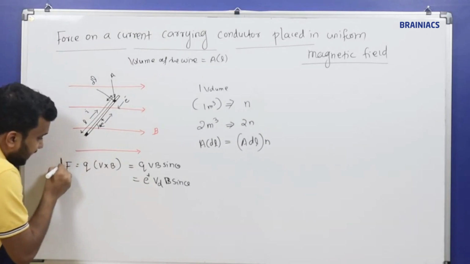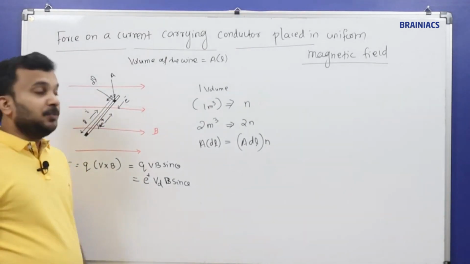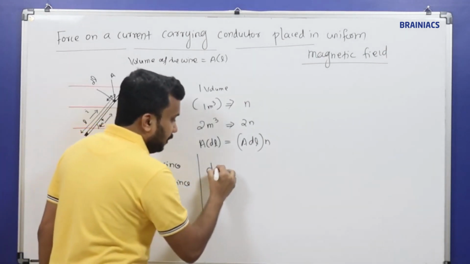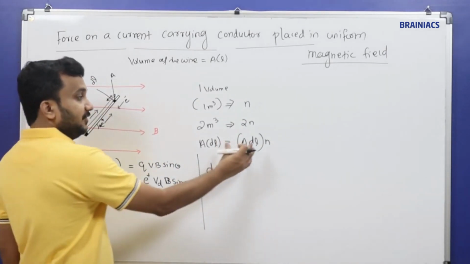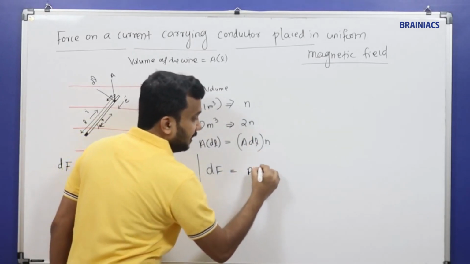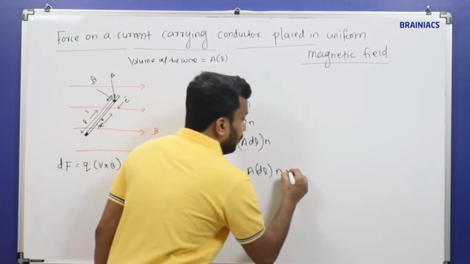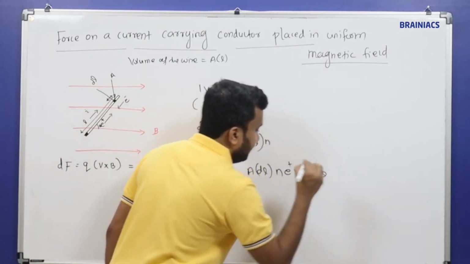So I can take it as a small force dF. Overall, dF is equal to, so this is not 1 e, the volume contains this many charged particles: A dl n into electronic charge into drift velocity into sine theta.